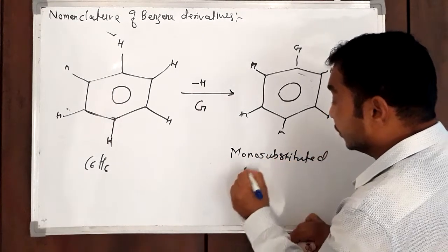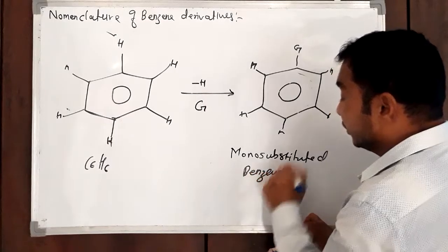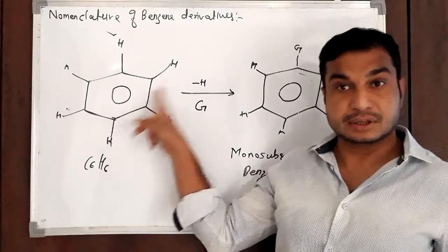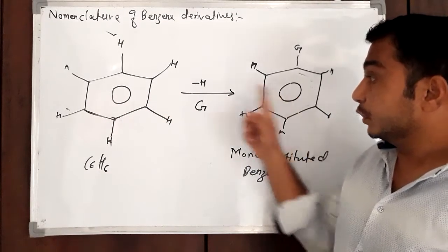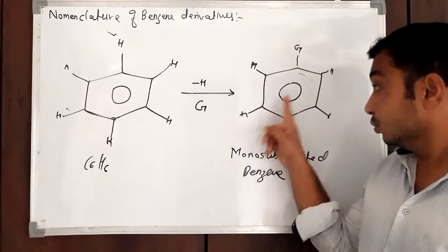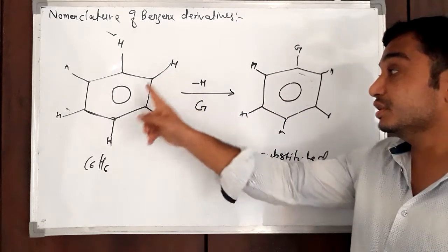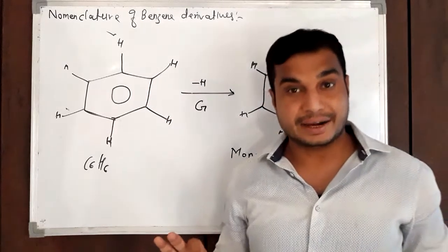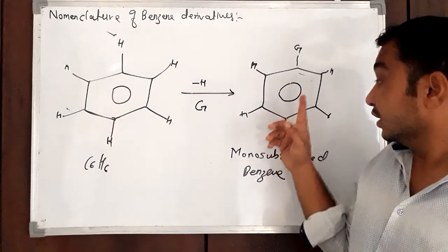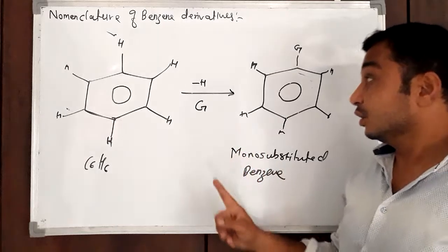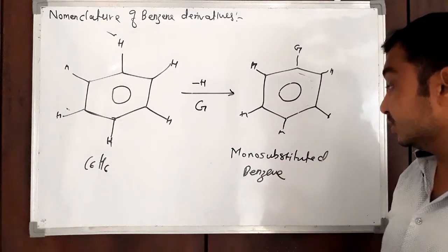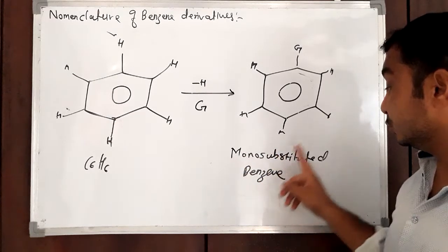This compound is obtained from benzene, therefore it is called a derivative of benzene, because this new compound is obtained from benzene by replacing one hydrogen atom by another atom or group of atoms. Here we have replaced only one hydrogen atom, and the resulting compound is called monosubstituted benzene.